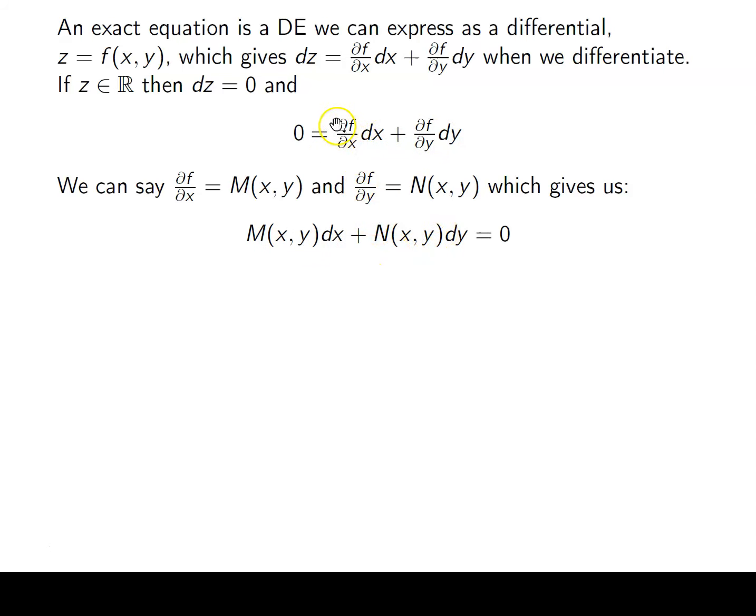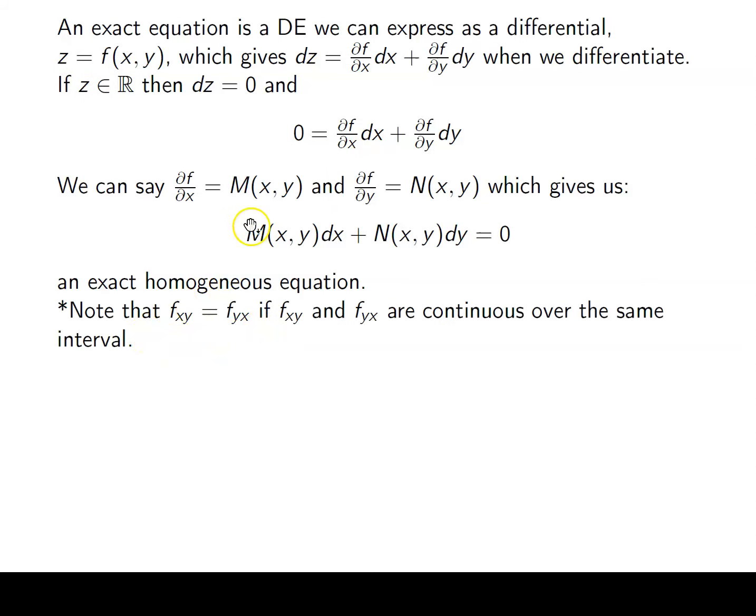I can also write it as f subscript x and f subscript y with its differentials, but it's a little easier if we just think about it in terms of functions. When I add these things together, I should get 0. So this is an exact homogeneous equation because there are no terms on the end, because my z term was constant, an element of R.